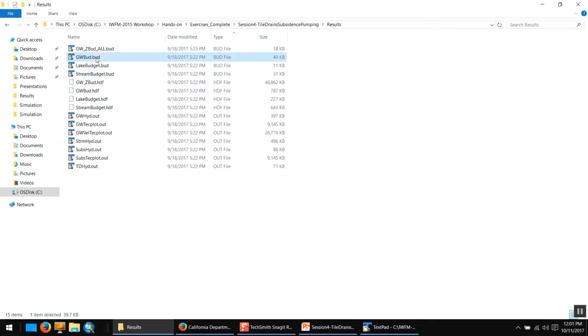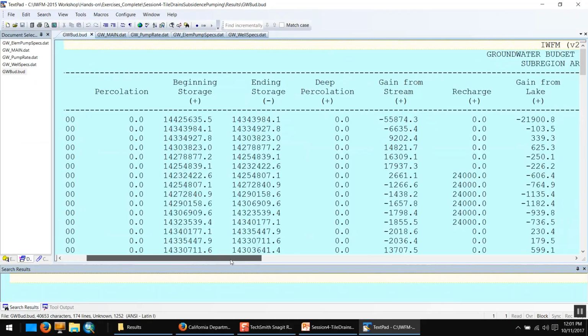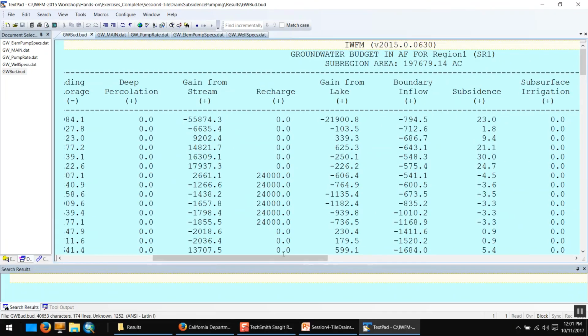Okay, so let's go to the groundwater budget, and what I want to show you is that since we are now simulating subsidence, we got the subsidence column going. That's non-zero.